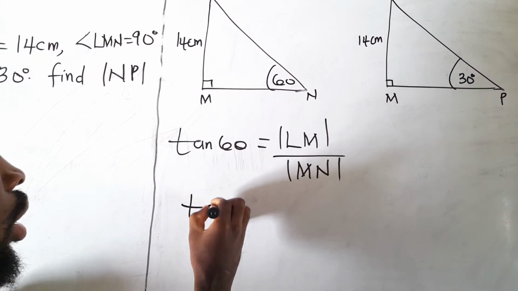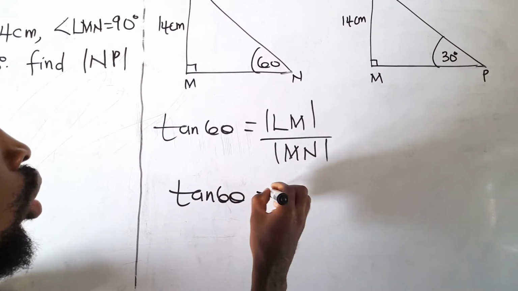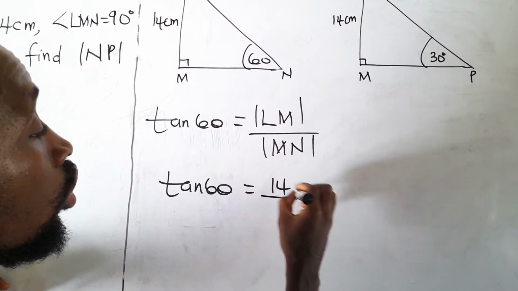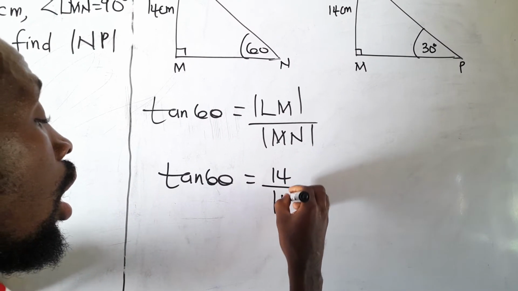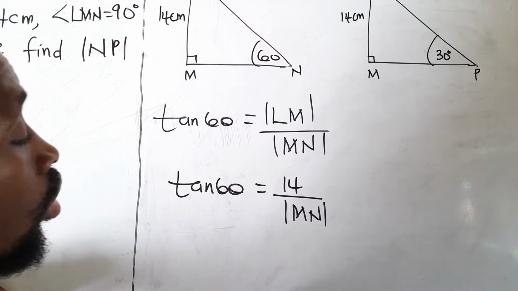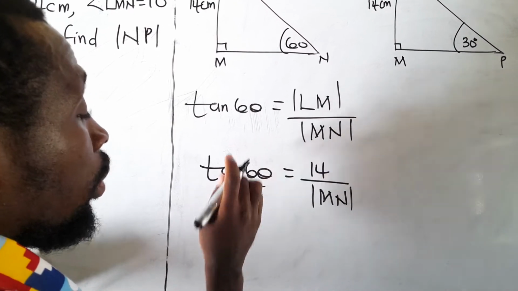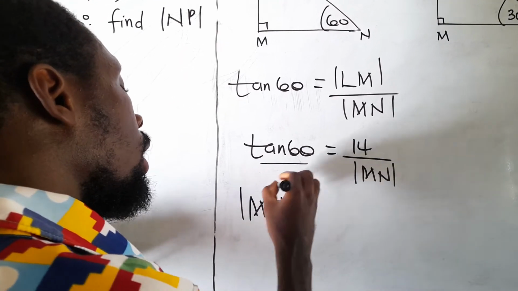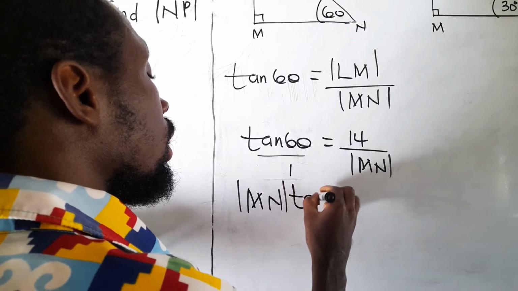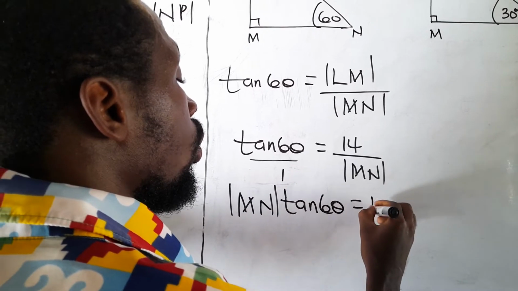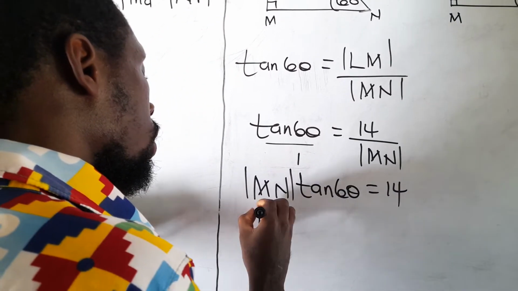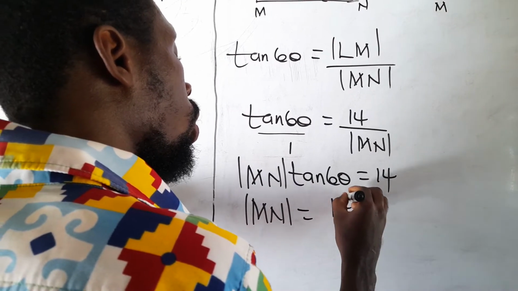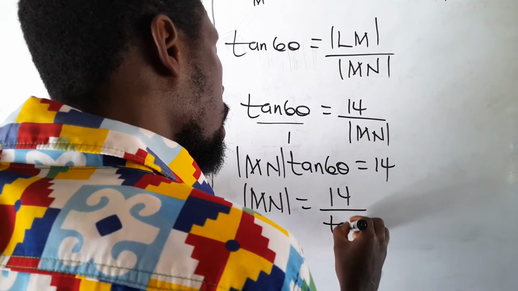So tan 60 will be equal to our LM, which is 14 centimeters, over the side MN. On cross multiply, MN tan 60 will be 14. So we can make MN the subject, our MN will be equal to 14 over tan 60.